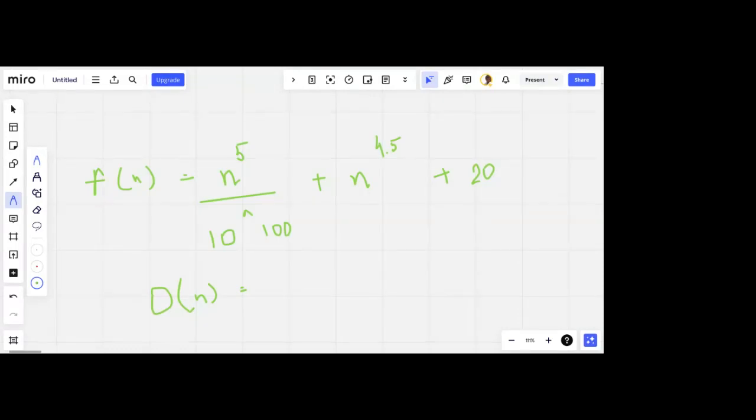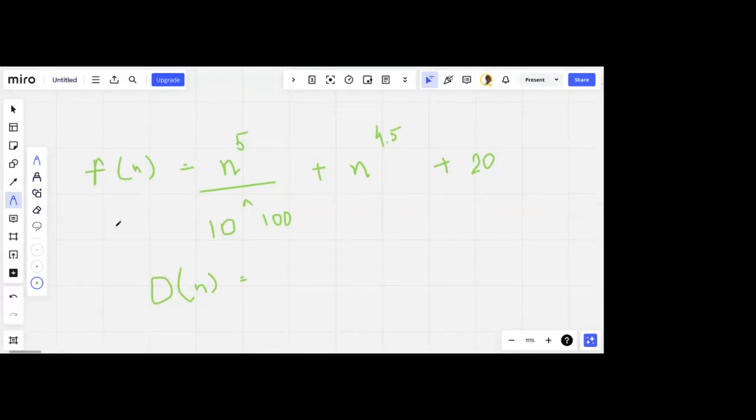Think about it, guys. Here it is n to the power 5, but then it is getting divided by a large number. But here it is n to the power 4.5 without any division. What do you think? For very large numbers, what should be the answer?